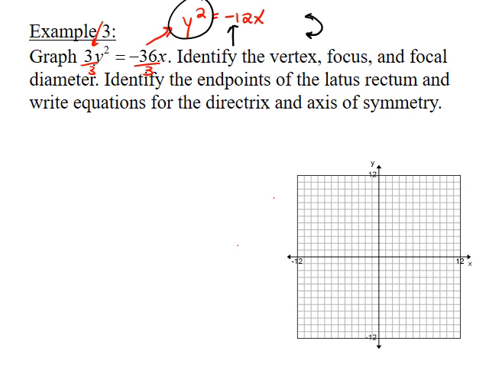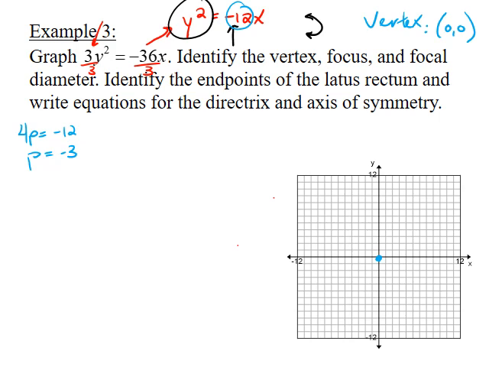So let's go ahead and get started and identify all the good stuff regarding this parabola. So the vertex is 0, 0. All of these will have a vertex of 0, 0 for now. Then 4p is equal to negative 12. So p is negative 3.